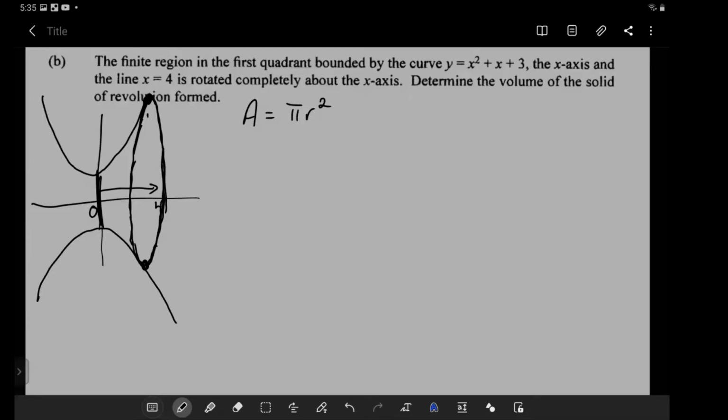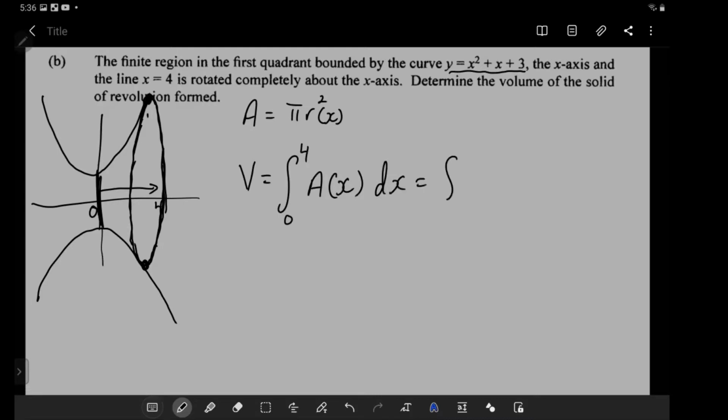Okay, so notice that this r squared is not a constant, or this r is not a constant. So this will be some function of x. And interestingly, that is actually our function y. Now, it's not the area we want. We actually want the volume. So the volume of this thing is the integral between the limit, which is 0 to 4, of the area of our region.